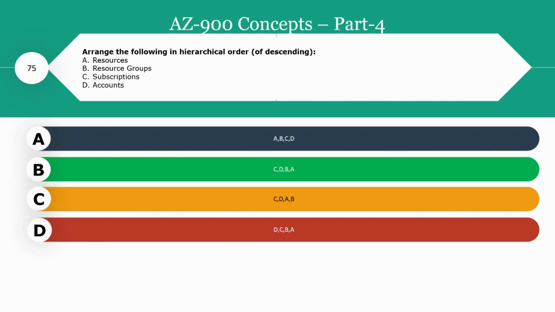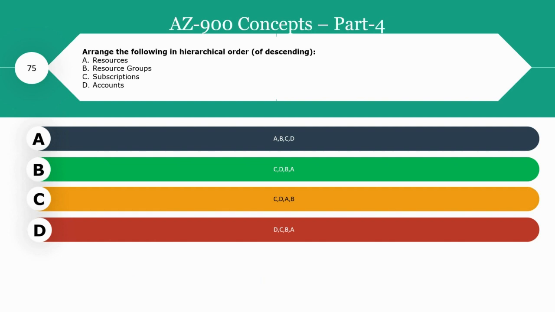Next is arrange the following in hierarchical order, especially in the descending order. Option A resources, option B resource group, option C subscriptions, option D accounts. Here, an Azure account may have multiple subscriptions.